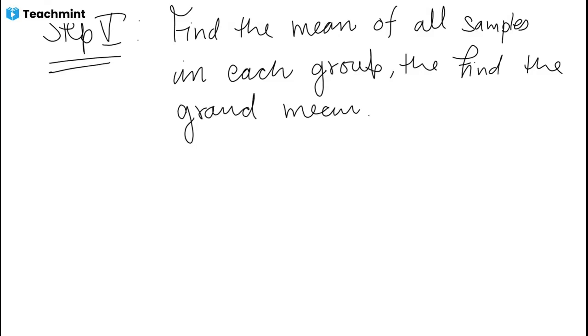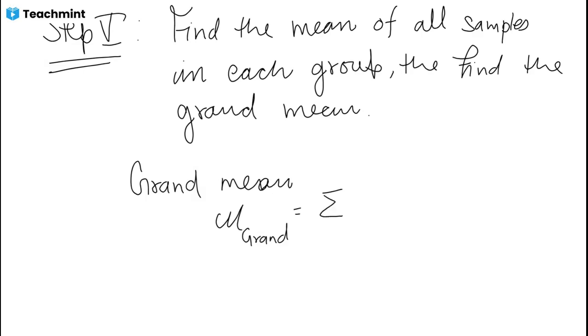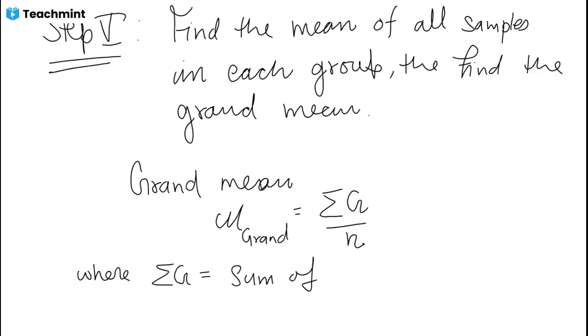So grand mean mu grand is equal to summation G over n, where summation G is equal to the sum of all sample values and n is the number of samples.